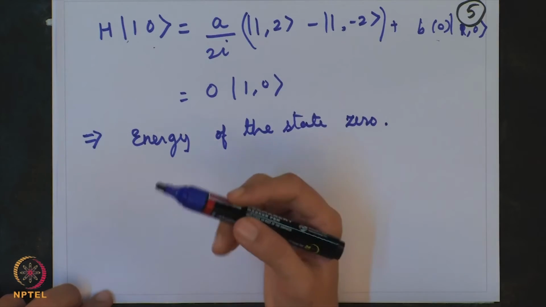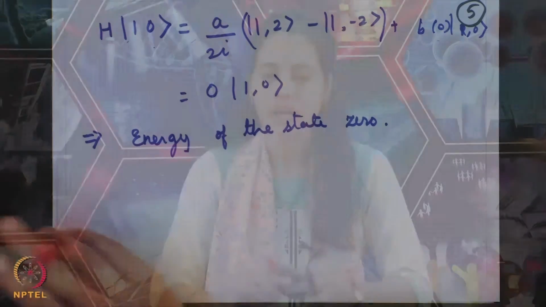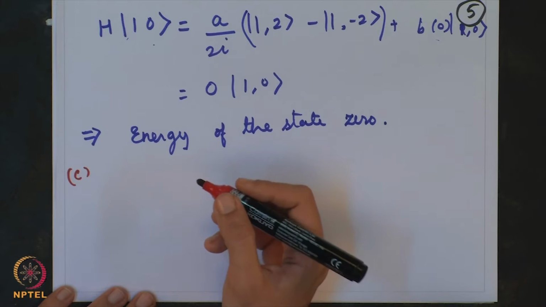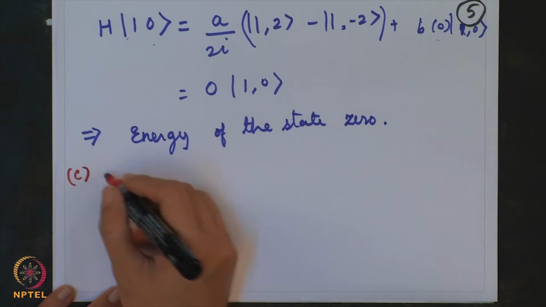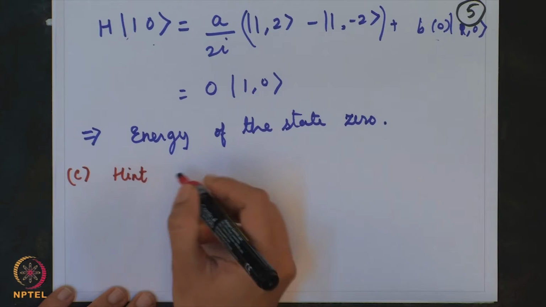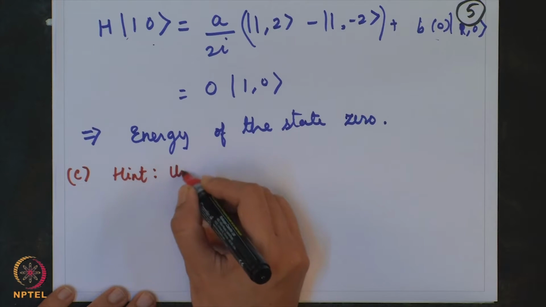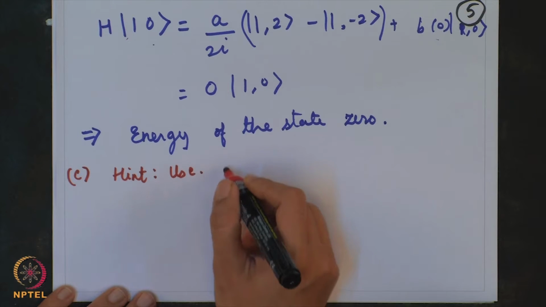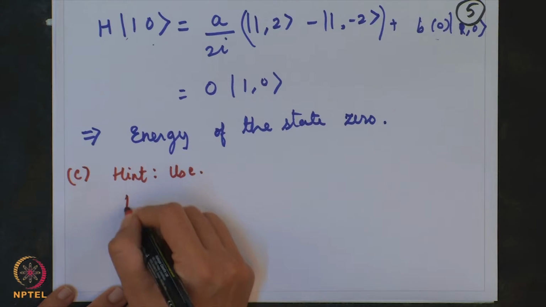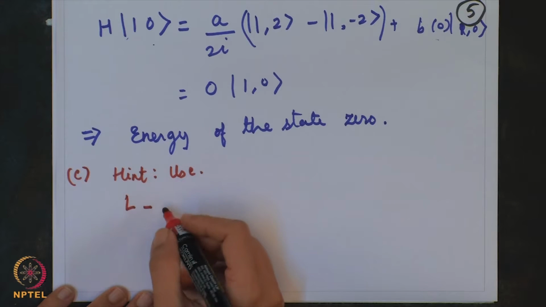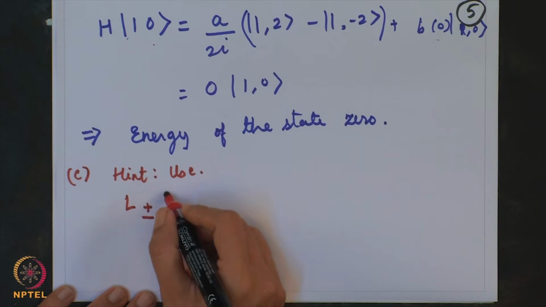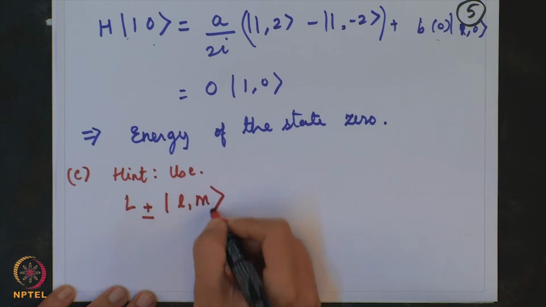Alright. Now, in the next part, that is the C part of the problem, you have to calculate the energy eigenvalue and the eigenvector. So, to calculate the eigenvalue and eigenvector, you need to know again some of the basic things. So, the hint here is you will use the following. First, L plus and L minus, I can club it in one.